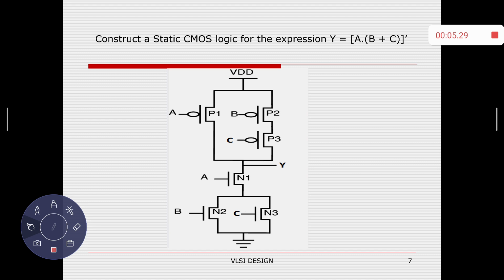As I said, the pull-down network comprises B plus C, which is a sum term, so the NMOS transistors are connected in parallel and associated with A dot by a series connection. This is the combination of N1, N2, N3, called the NMOS array. The combination of P1, P2, P3 forms the pull-up PMOS array. At the junction of the NMOS and PMOS transistors, we get the output.